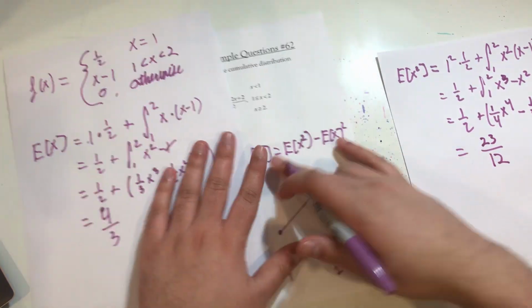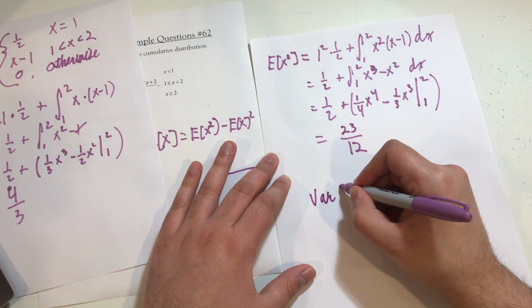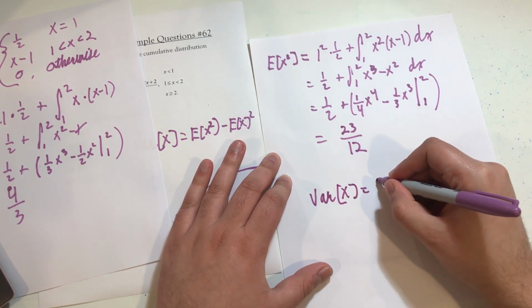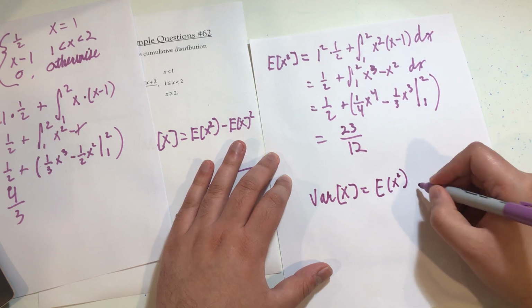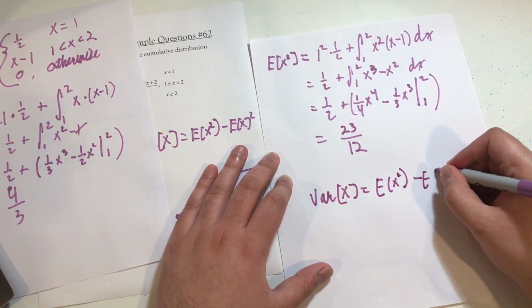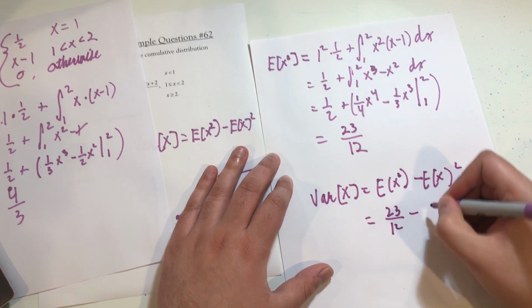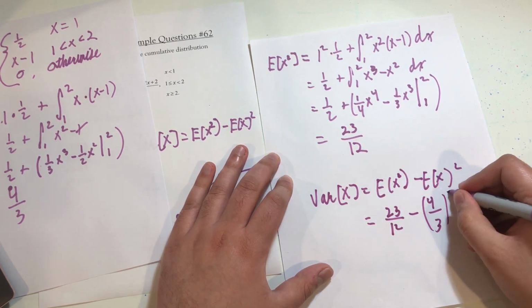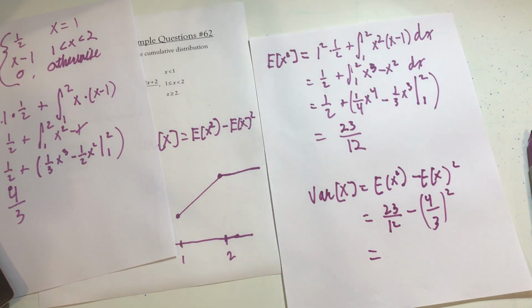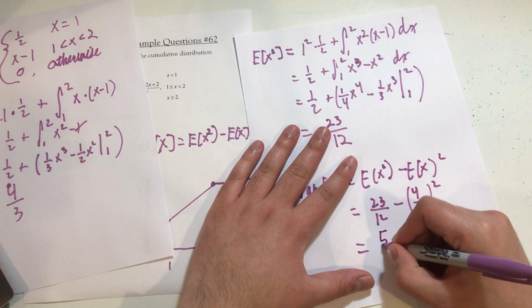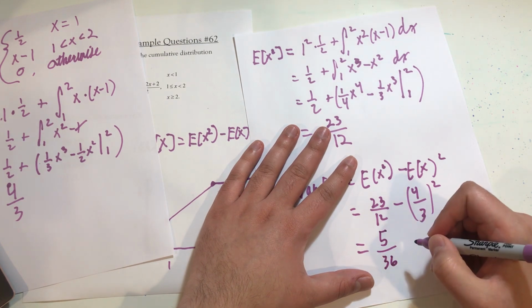And as stated here, we got an equation for variance, the thing we're actually being asked to calculate, which is E of x squared minus E of x squared, and that's equal to 23 over 12 minus 4 over 3 squared, which then equals 5 over 36.